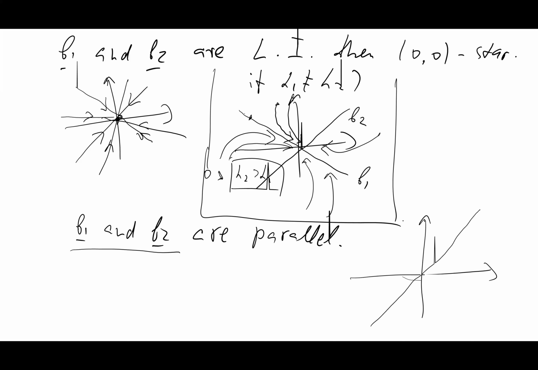It will have some ending, and from here they go like this also. So this is called a degenerate source.